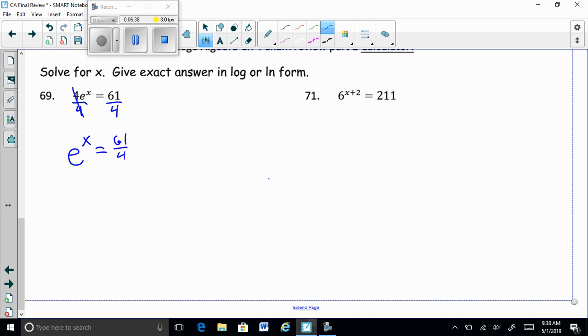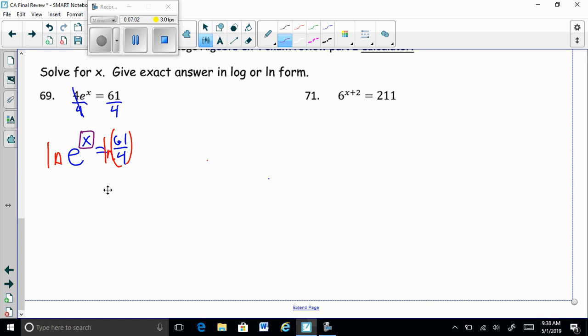And now what I'm going to do is take the log, with whatever the base is, of both sides. So it's natural log because that's base e. I'm going to take the natural log of both sides. On the left side, if the log base is the same as the base of what you're evaluating, it just simplifies into the exponent.